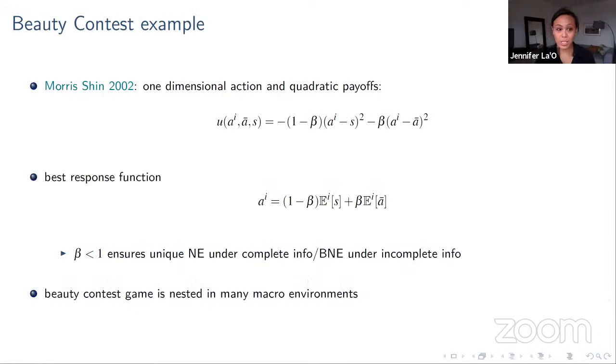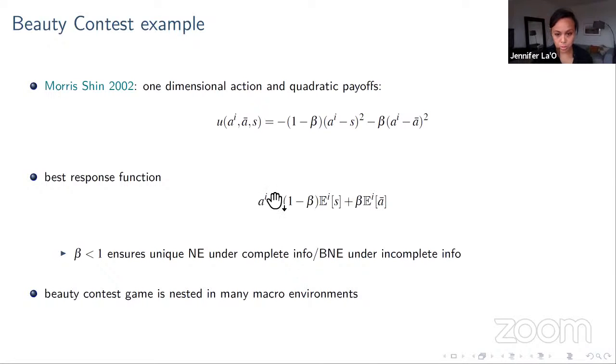An example of this would be the typical beauty contest example, which you may have seen. For example, Morris and Shin 2002 have a one-dimensional action and quadratic payoffs, where you have some quadratic loss from being away from the fundamental state and some quadratic loss from being away from the aggregate action.